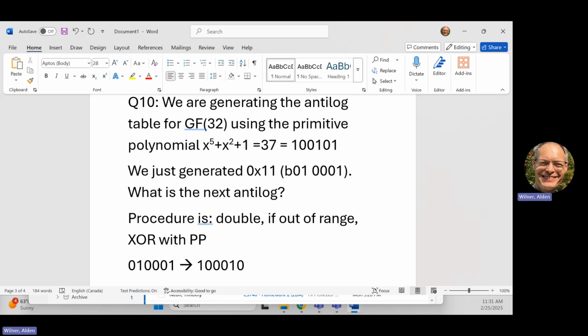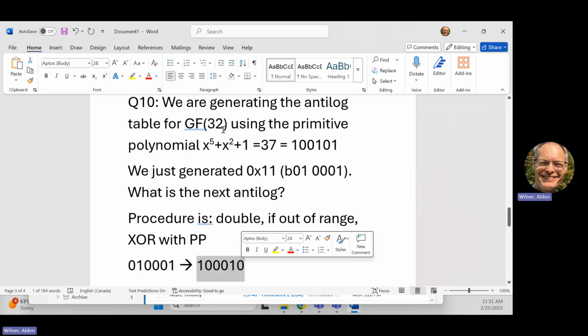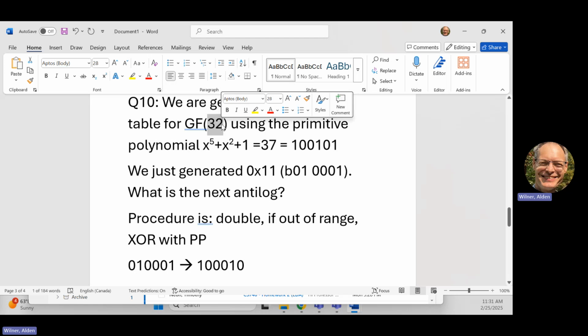Then we see that that is outside the range of our table. That is bigger than 31. So since it's bigger than 31, we have to XOR it with the primitive polynomial to bring it back into range.